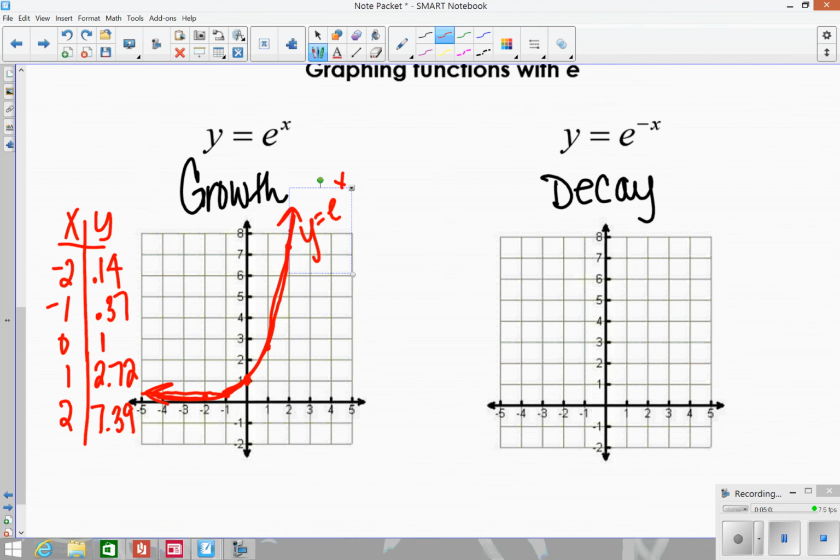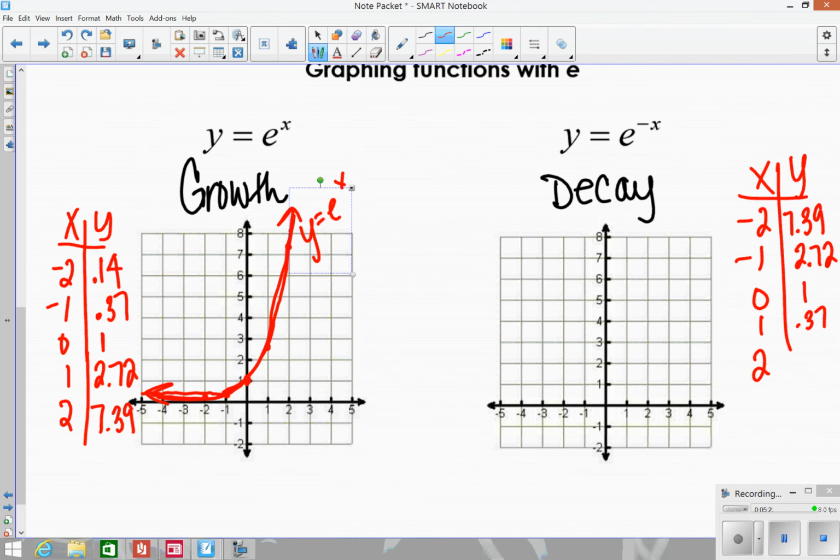Then for decay, we're going to do the same thing, except for this one I expect it to be going downward. So I'm going to do -2 again till 2. So I have 7.39, 2.72, 1, 0.37, and 0.14. If you notice, these are flipped because here I had a negative, and here I had a positive, so they flip.